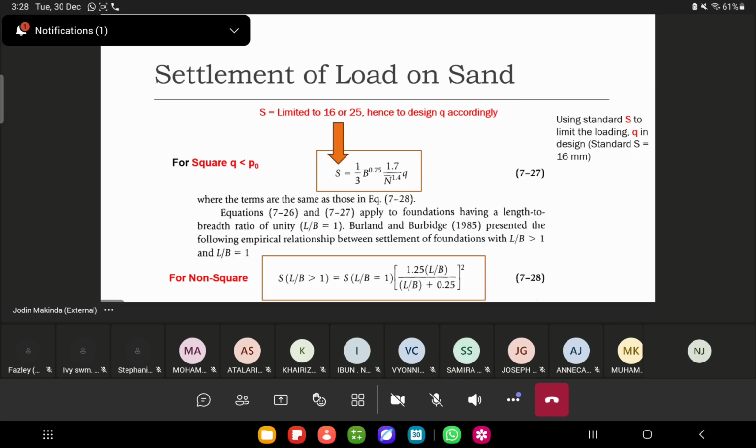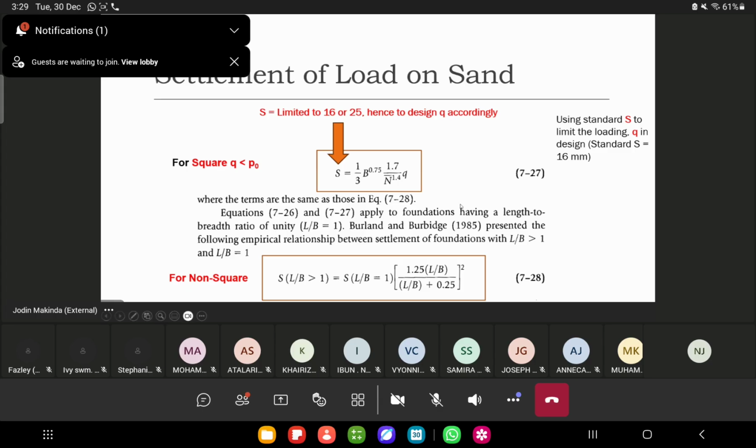Meanwhile, we can also use these two equations to give a range of the allowable design. So in this case, equations 7.27 and 7.28.